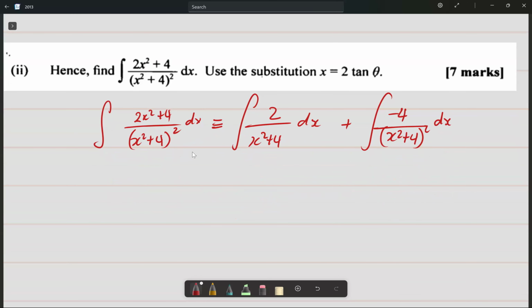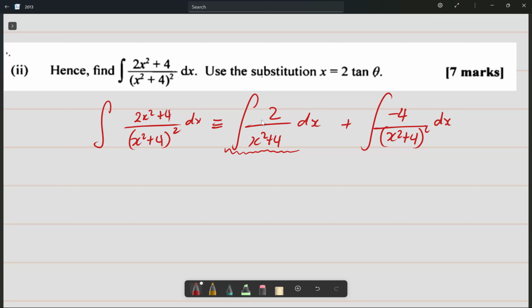Cool. So now we only need to work on the right-hand side because these are things that we have learned to integrate before. For the first one, this looks like some kind of tan inverse type deal. Like there's a tan inverse here somewhere.